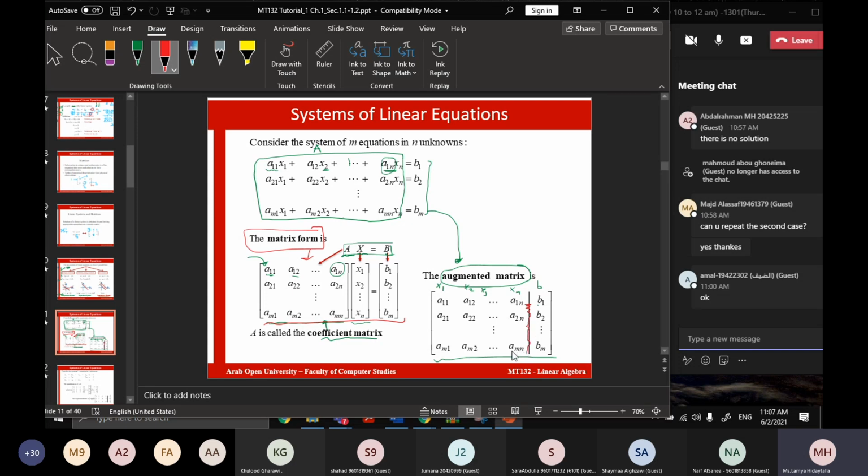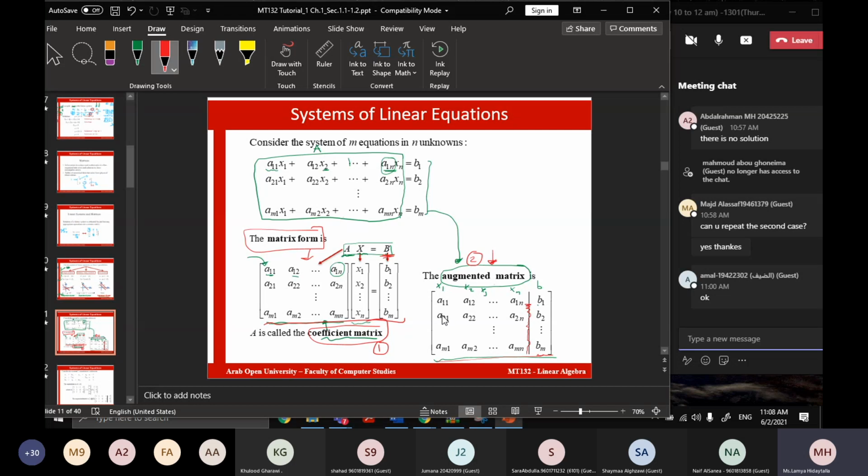Still, it is the augmented matrix. But if he gave it in a problem, he should say that he is giving you the augmented matrix. In that case you will know that these constants, the b, are there even if he didn't draw the line. So just make sure, when he gives you a matrix, whether he is giving you the augmented matrix or the coefficient matrix. In the problem I must pay attention, this one or this one.